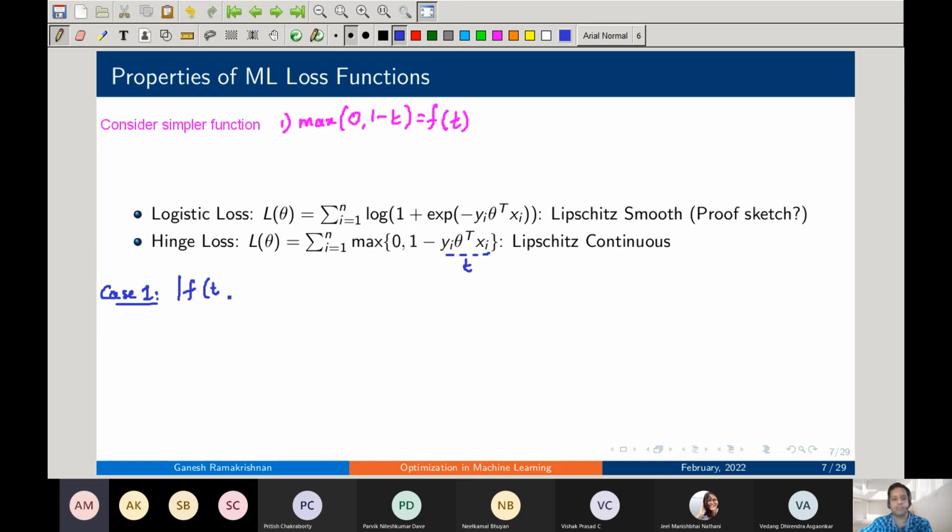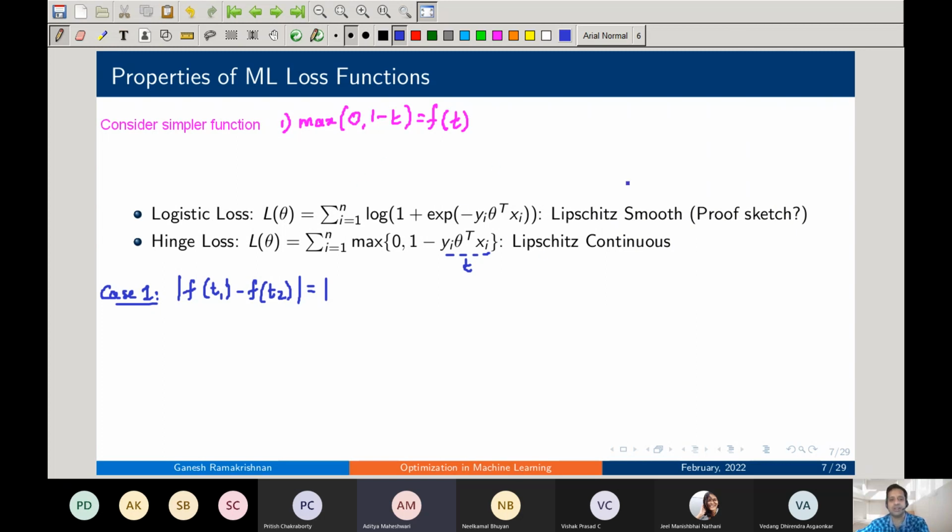So the absolute value of f of t1 minus f of t2 is, so now you'll have to consider cases, the max of 0 comma 1 minus t1 minus the max of 0 comma 1 minus t2.